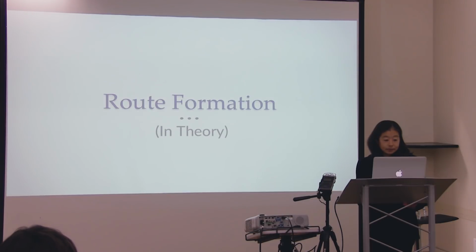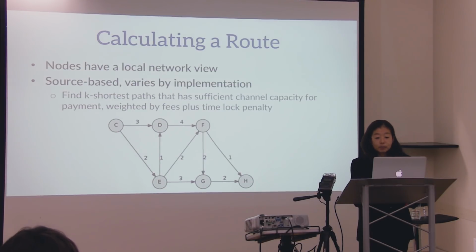We'll start out with route formation. In theory, when you want to make a payment, you have to figure out how to get it there yourself, even if you're not directly connected to the recipient.